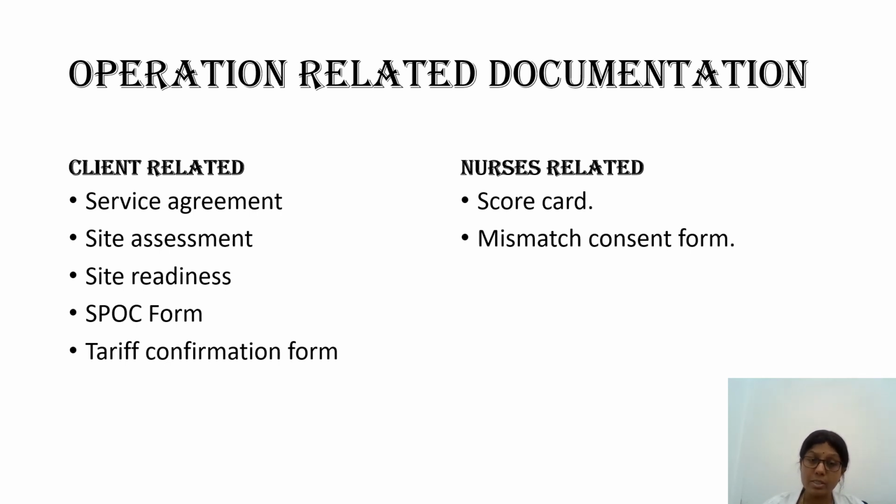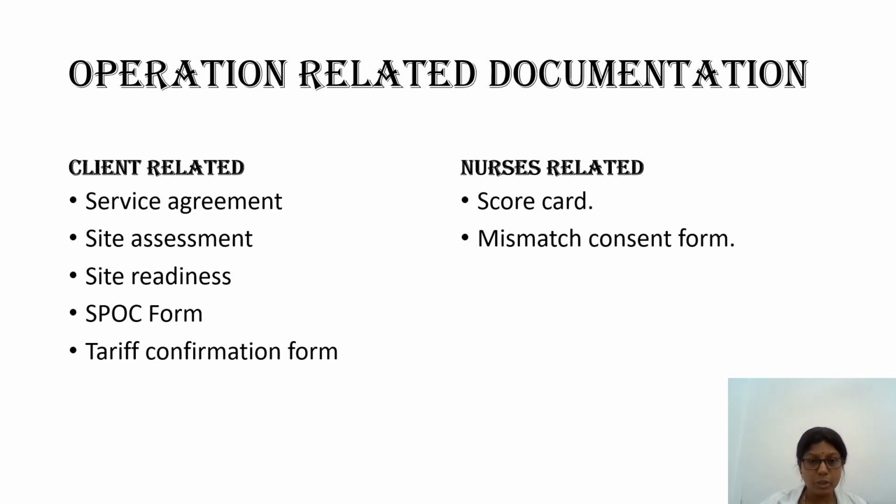Because there will be three or four members, we need not explain all the things to all of them. Instead, there is one spokesperson. All communication related to patient condition, other issues or other information we can share with that one particular spokesperson. So that has to be signed at the time of enrollment by the spokesperson. That signature has to be there in the SPOC form.